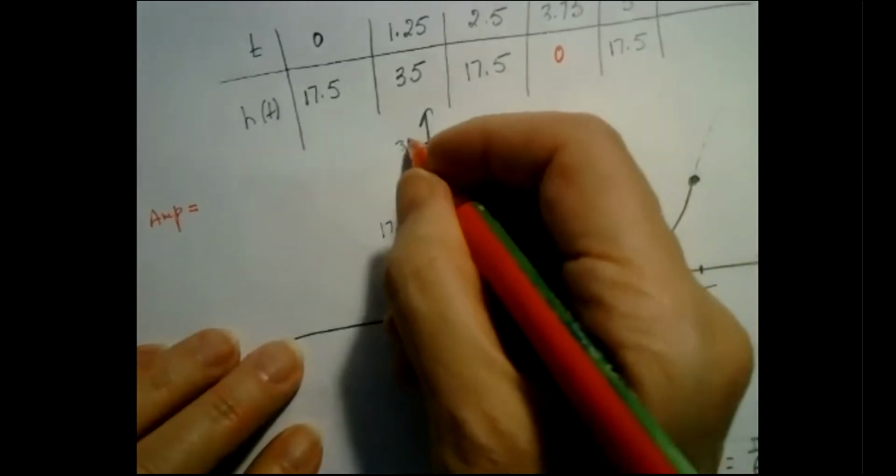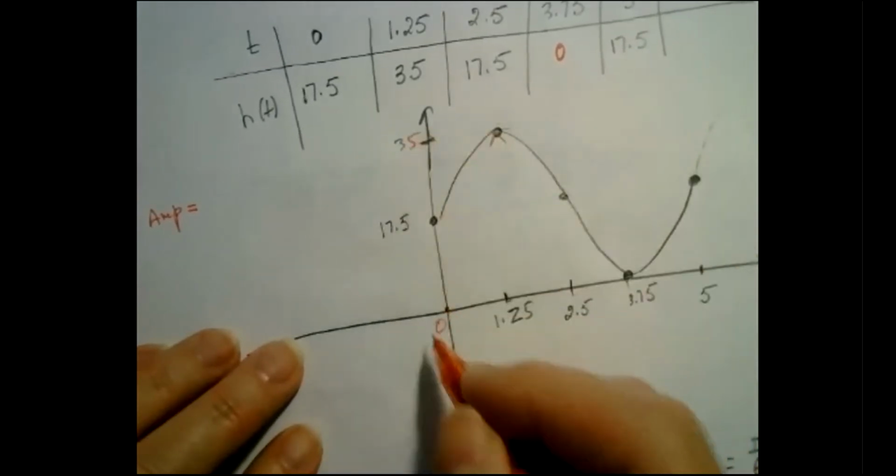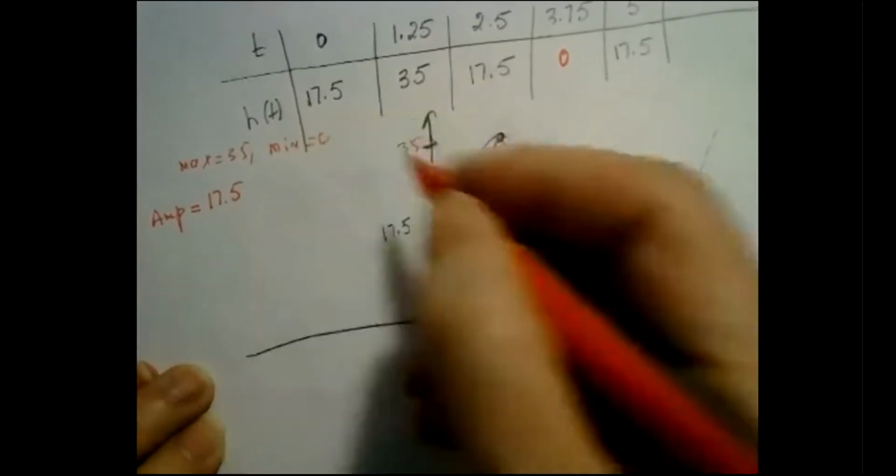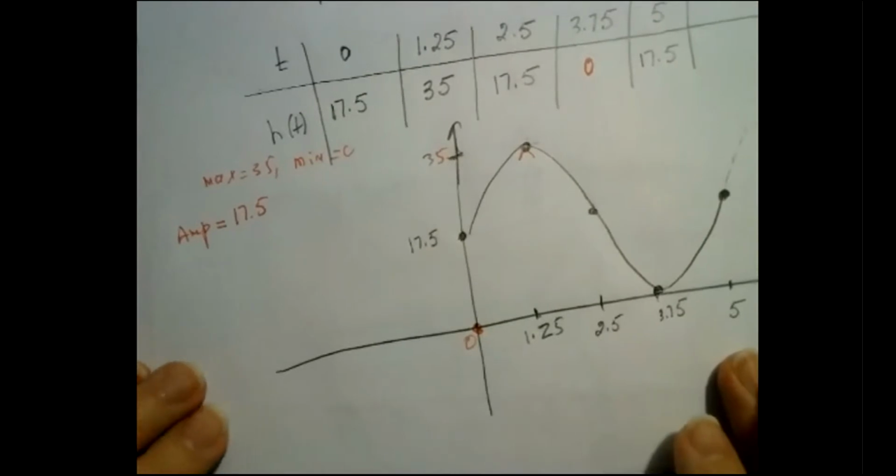So 35 is the max. The min is 0. So the amplitude is halfway. It means 35 divided by 2 is 17.5. Because the max here is 35 and the min is 0. So I am halfway through them.